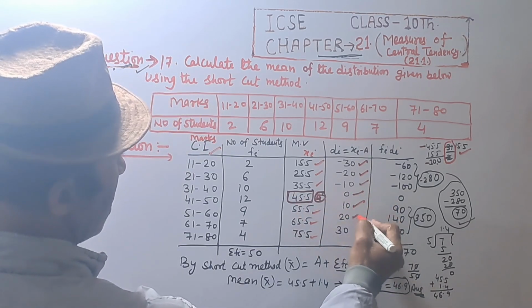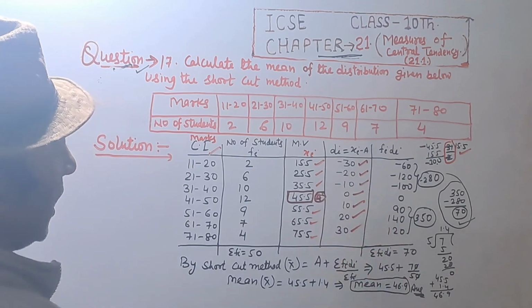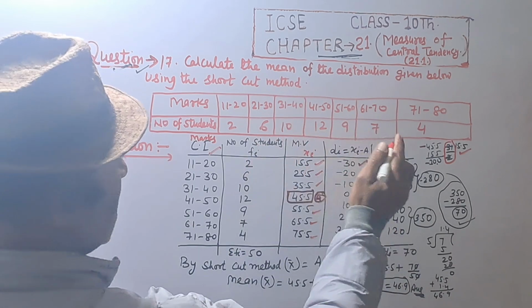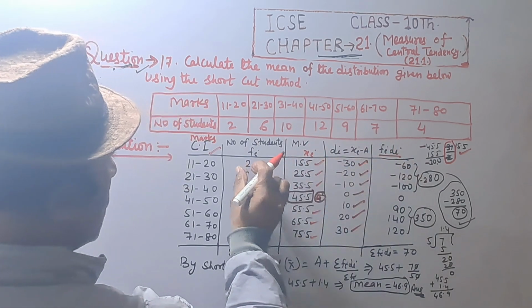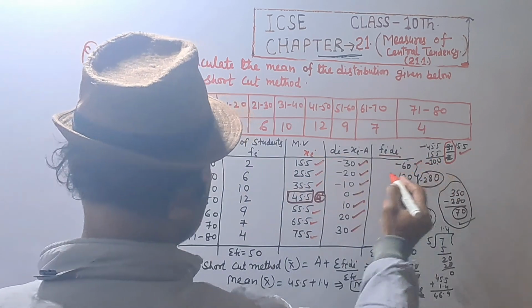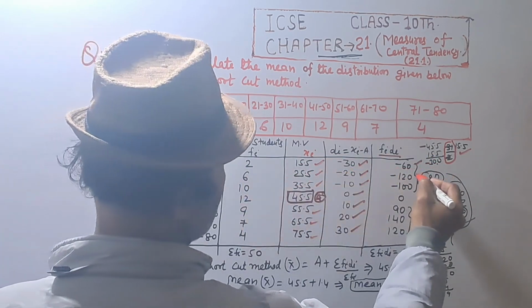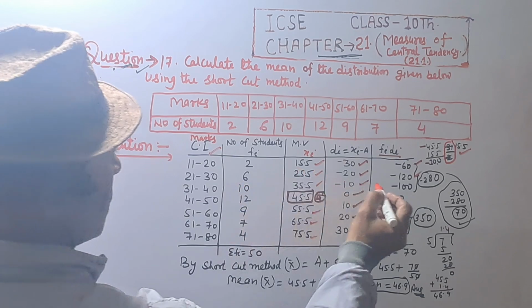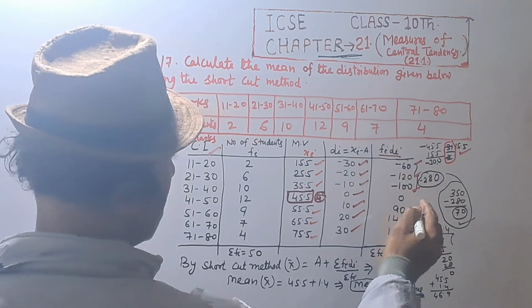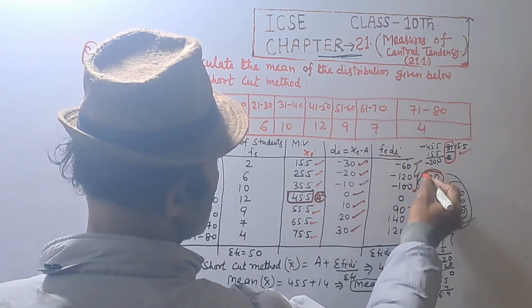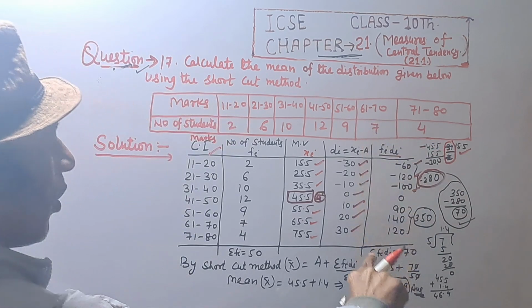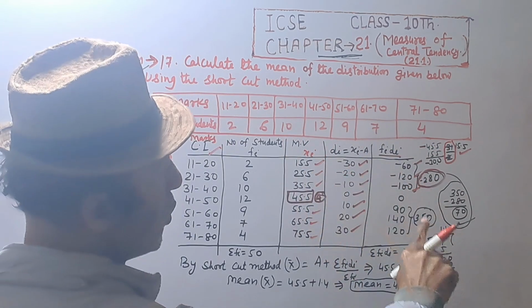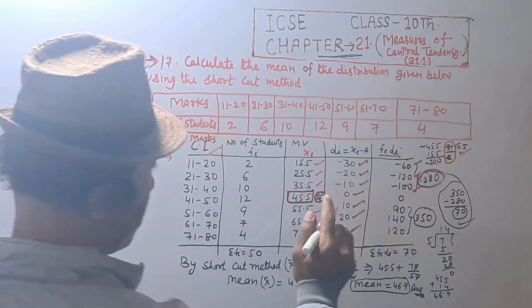And positive 10, positive 20, positive 30. And fi into di, fidi: 2 into minus 30 is minus 60. 6 into minus 20 is minus 120. And 10 into minus 10, that is equal to minus 100. And their sum, the sum of negative numbers, equal to minus 280.